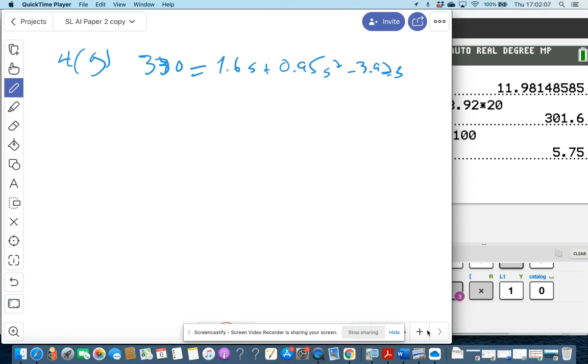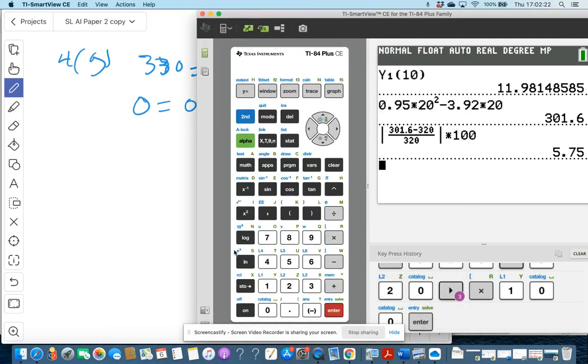Okay, so again, I want to make it 0 on one side so I can solve this and write it as a quadratic. 1.6 minus 3.92. I'm at the end of the exam here. I'm a little tired. I don't want to do any mental math.